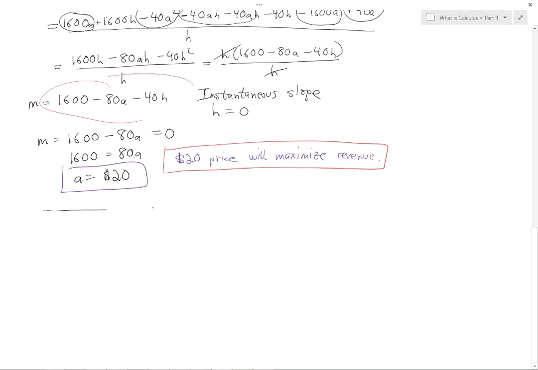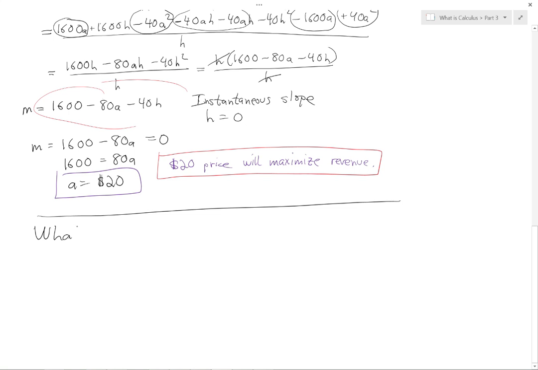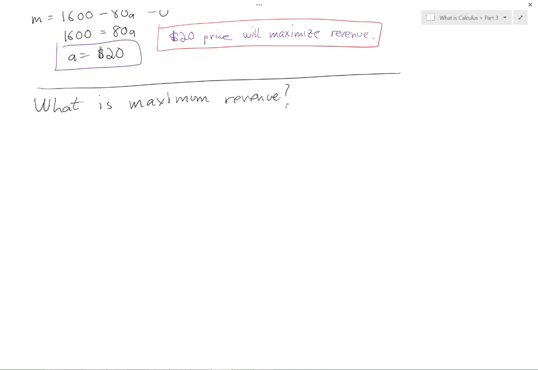Okay, so the last part, that gives us the $20, that's the price that actually maximizes revenue. So we still need to determine what the max revenue is. That's actually the easiest part of this question, because all we have to do is plug in $20. A equals x, $20 is the x value that gives us the maximum revenue.